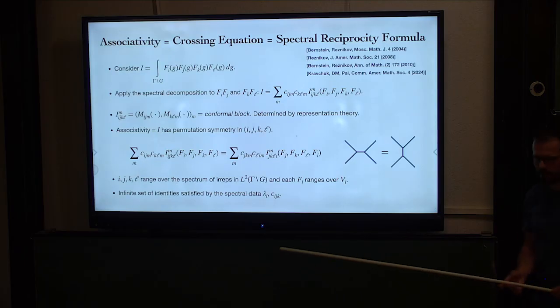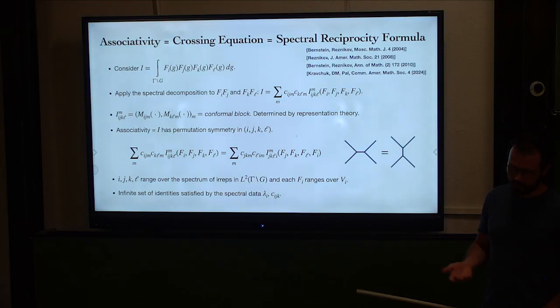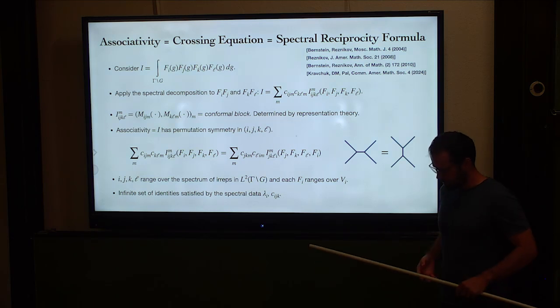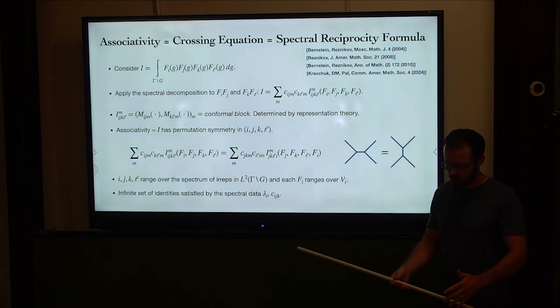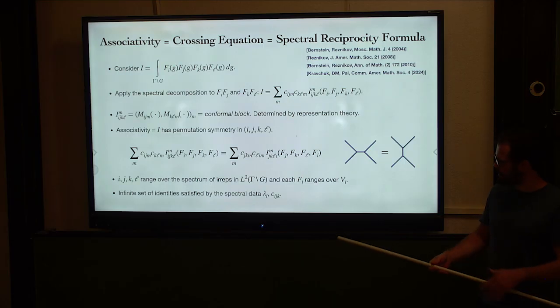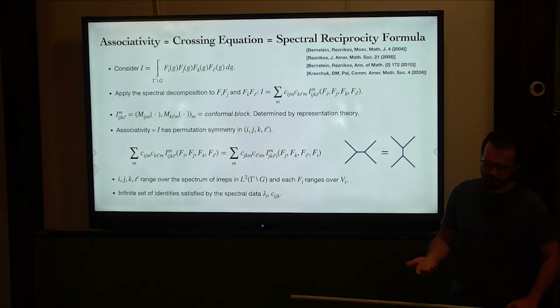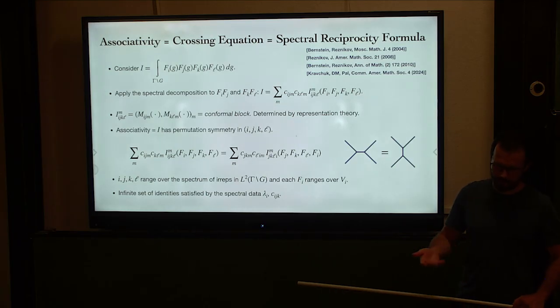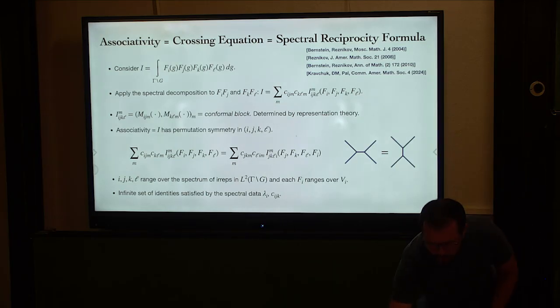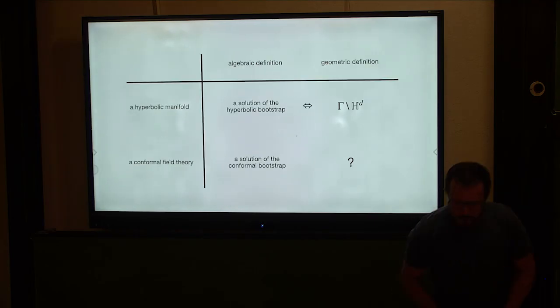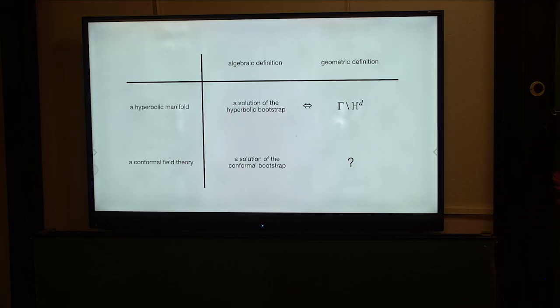There's nothing more, nothing else, and the proof goes through Gelfand duality. Gelfand duality tells you that once you have a commutative associative algebra, it should be the algebra of functions on some space, and the meaning of these equations is that they implement associativity in the presence of conformal invariance, and then you get G mod Gamma. So I'll just leave this here, even though I didn't explain it.